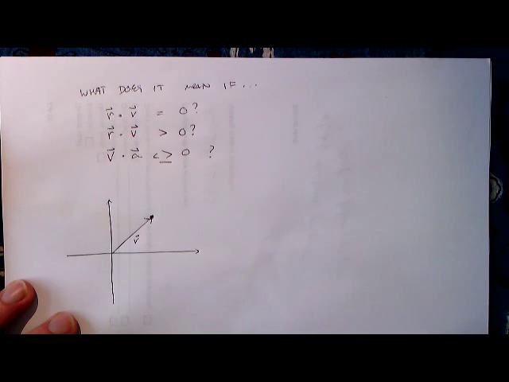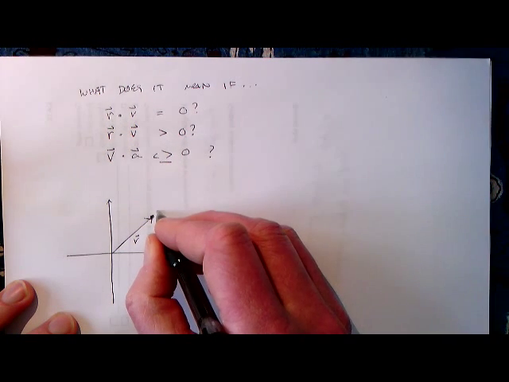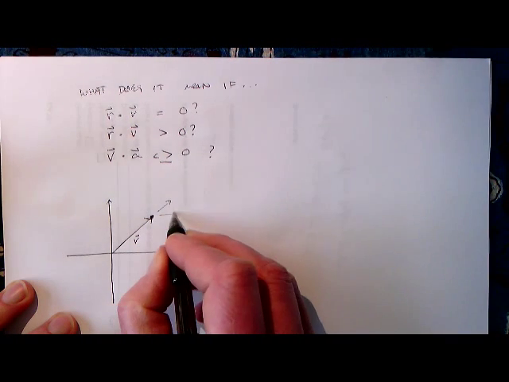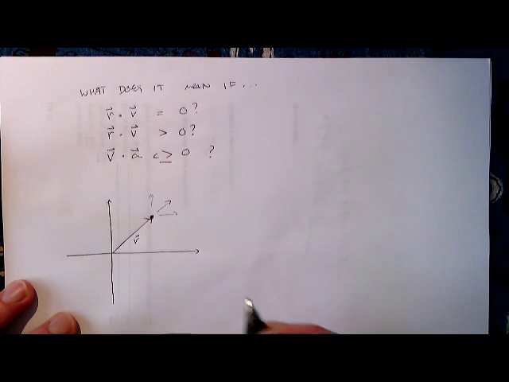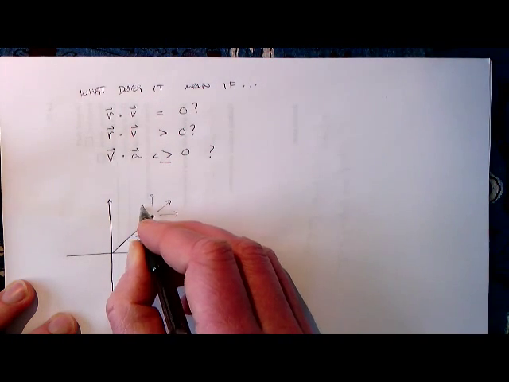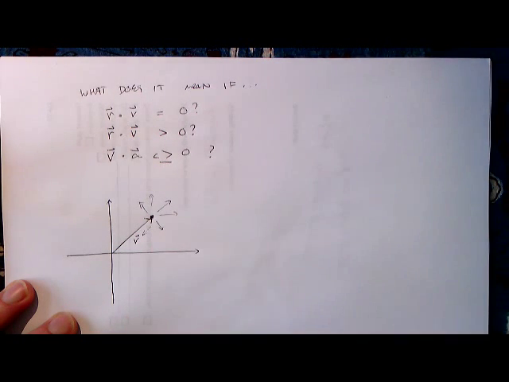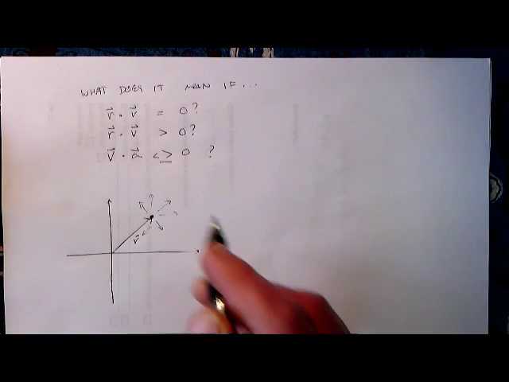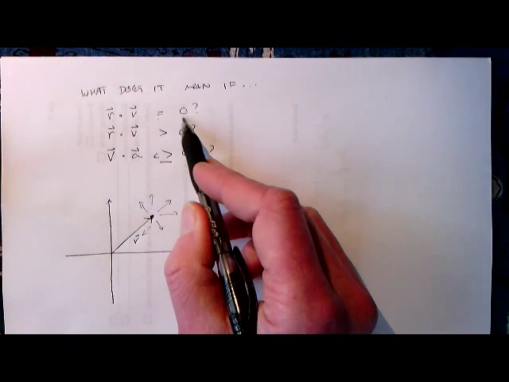One possible direction is just outwards. Or it could be moving in the x direction, or in the y direction. It could be moving back in towards the origin. It could be moving up in this direction, or up in this direction. It could be going anywhere. Well, which of these cases are cases where r dot v is equal to 0?